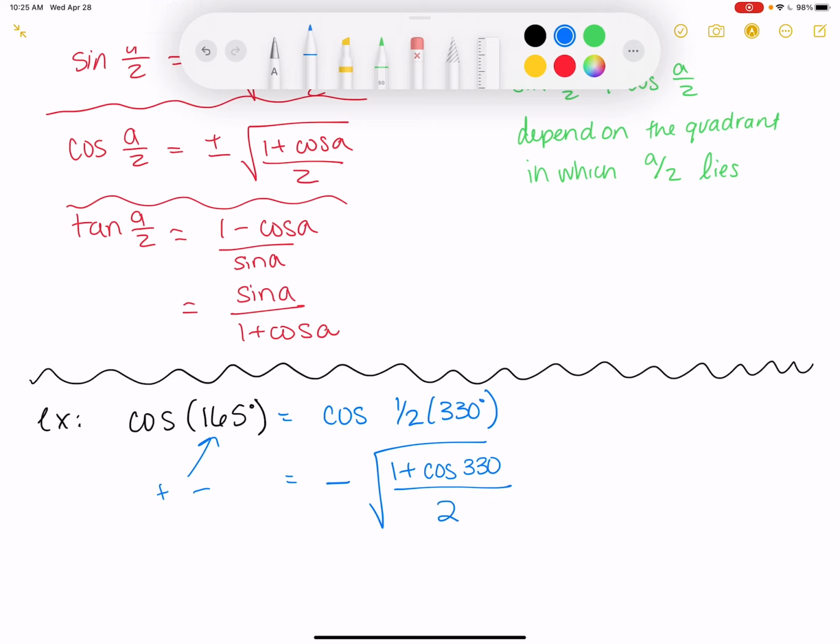Does the 2 go under the square root? Yes. I do have a question. The first time you figure out A over 2, you use the 165. The second time you use the number you got.